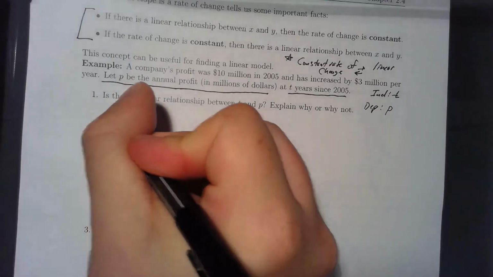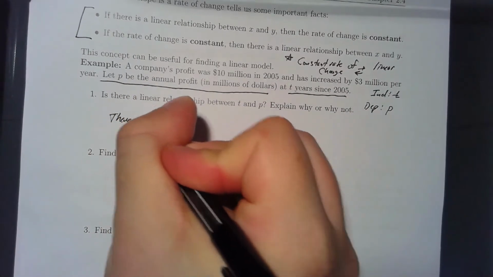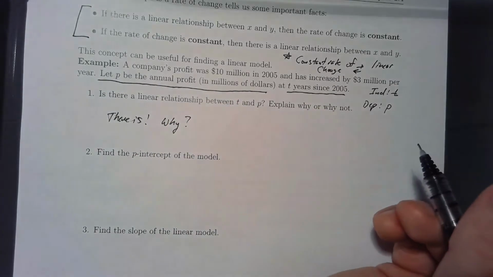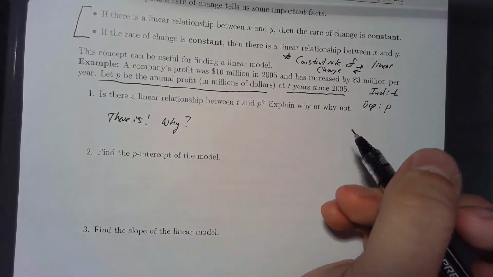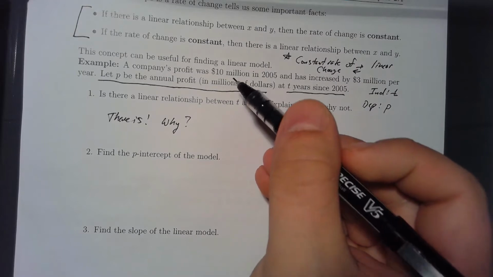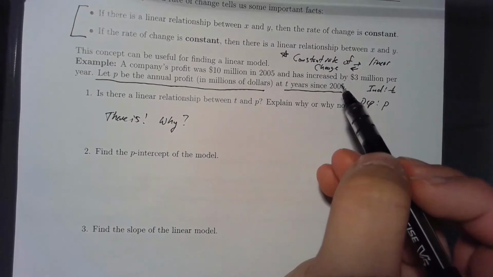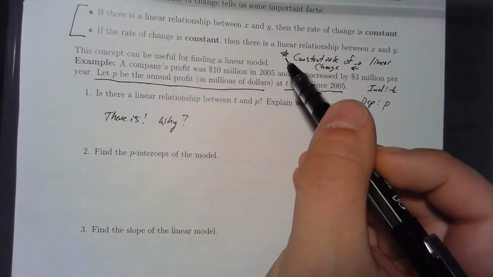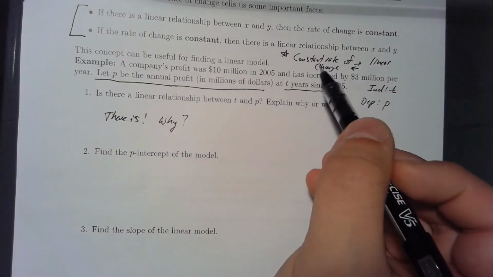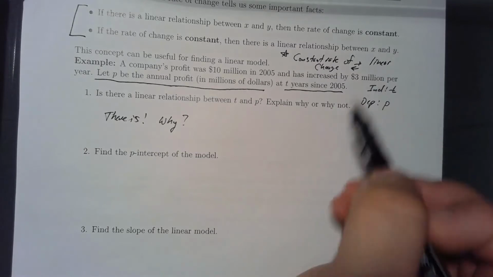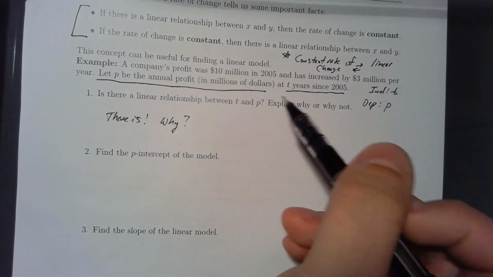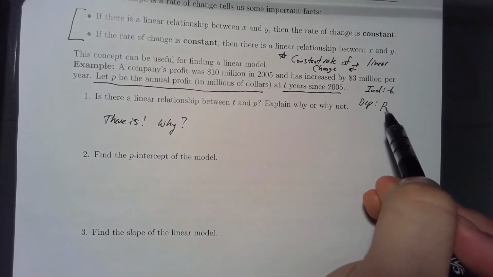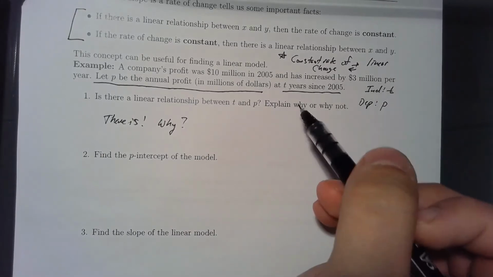There is. Why? Why is it linear? Well, the problem gives it away. What did we just get done saying? That if you have a constant rate of change, that means it's linear. So do we have a constant rate of change here between time and profit? We do.